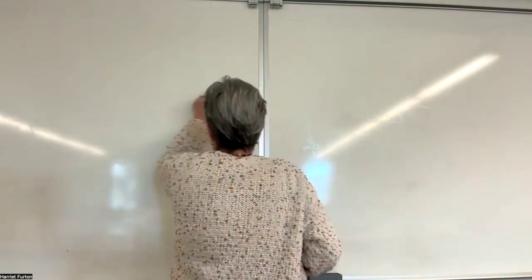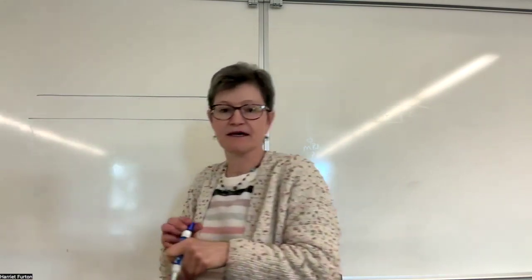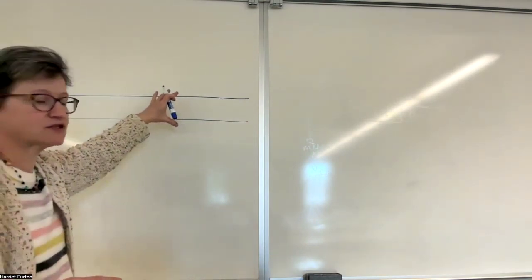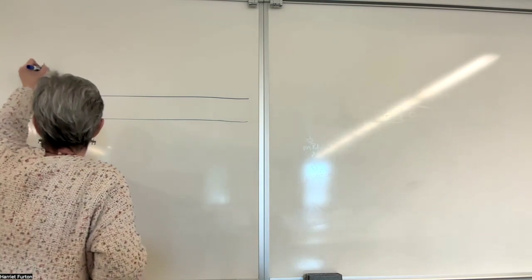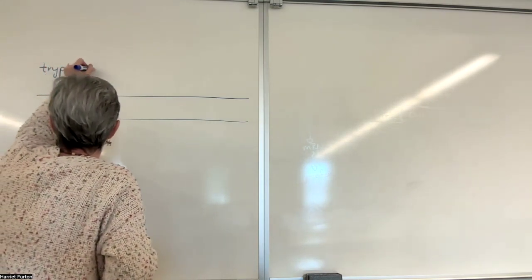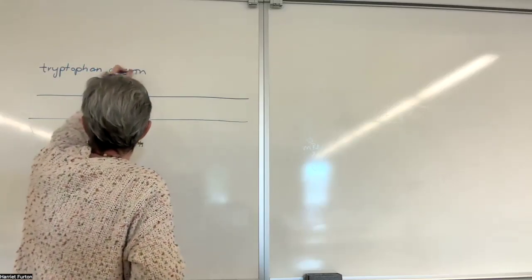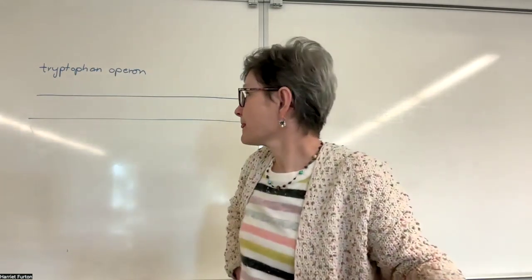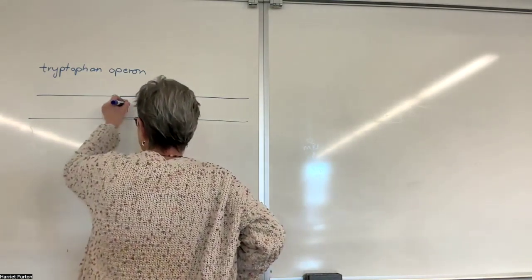So here we will talk first about the tryptophan operon. This is in bacteria. This is the DNA region of the circular DNA. The tryptophan operon contains the promoter region.